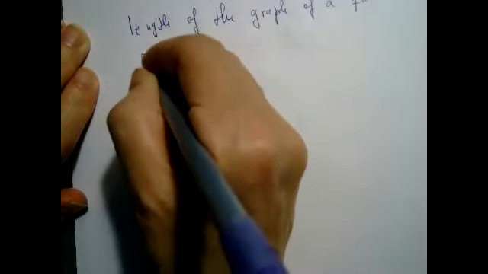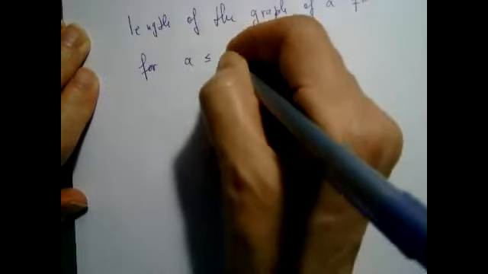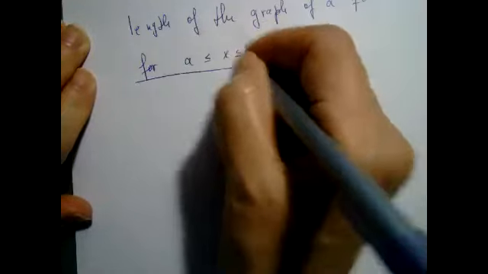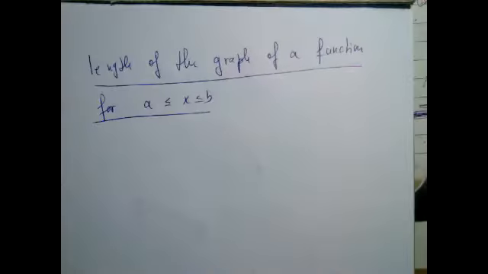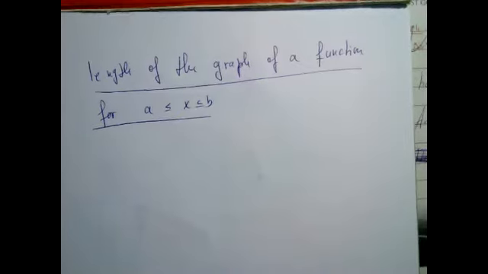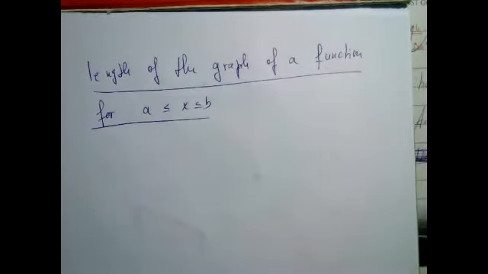My curve is going to be the graph of a function for x between a and b. So that's really our problem, the length of the graph of a function for x between a and b.